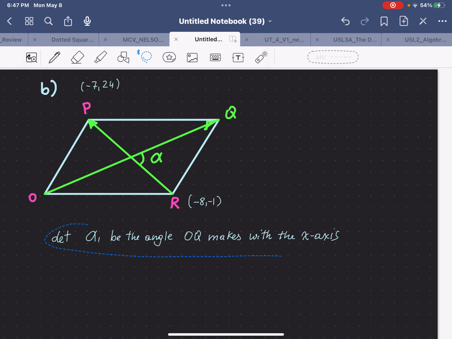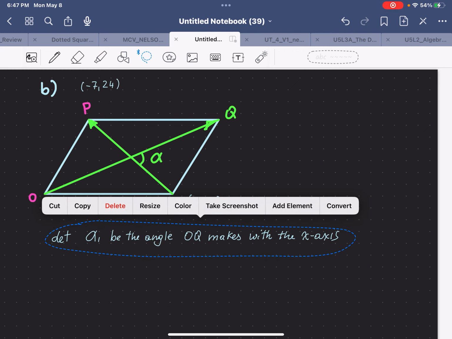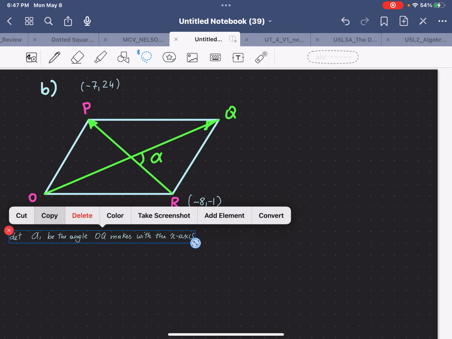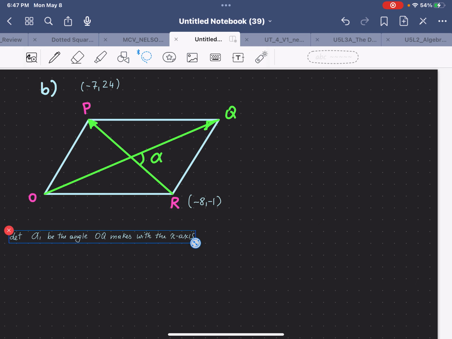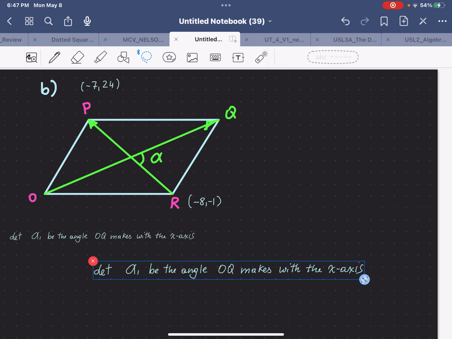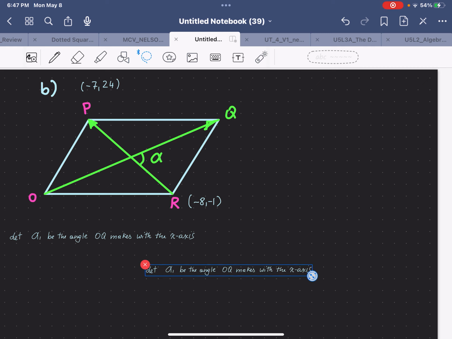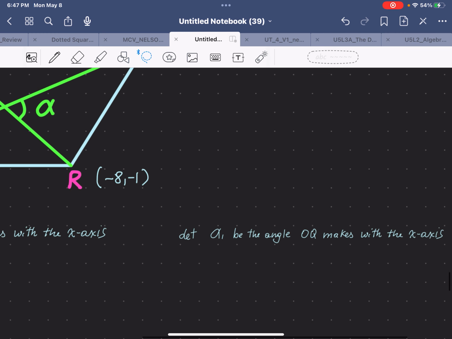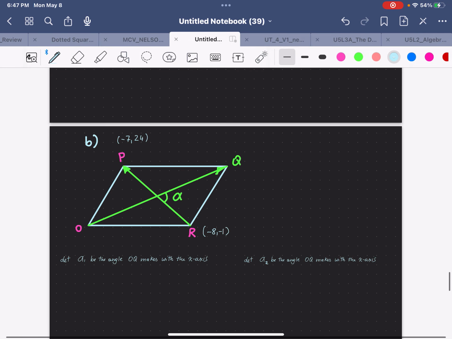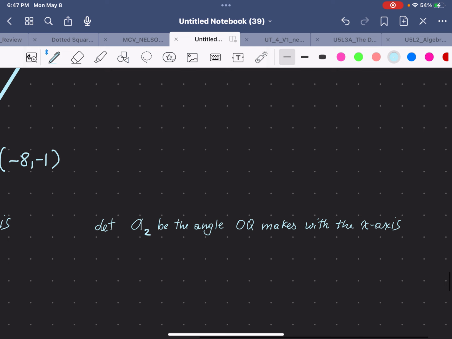But here I have a trick, and now you know all my tricks. So I will resize it, make it a little smaller. Let me copy this so we won't have to write similar things so many times. Wish we could do that on a test, huh? It would save a lot of time. Okay, and we're going to let alpha 2 be the angle for the vector RP this time.